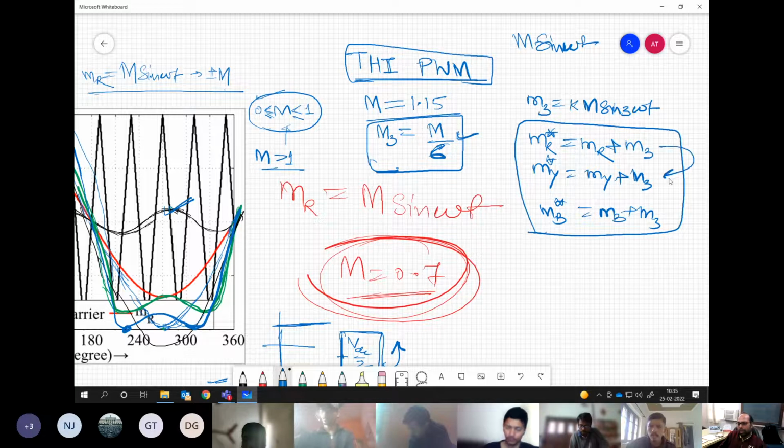Now straight away you can see this is common mode, so which is not going to appear in the line to line voltage. For obvious reasons, it will get cancelled out. So line to neutral will not contain this third harmonic. You understand my point?